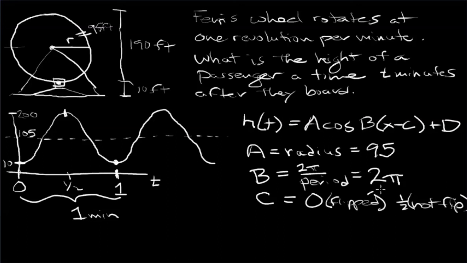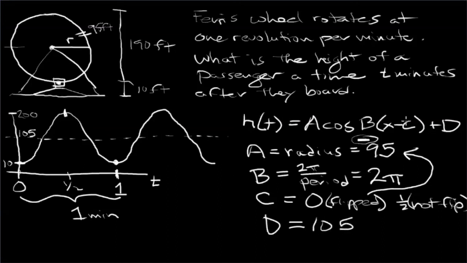So if I flip this, then this sign right here will be related to this. So for the phase shift, you can either flip it or you can shift the graph. One or the other. Either will always work as long as you do it correctly. And then last but not least, the vertical shift, D, that is the midline, so 105.